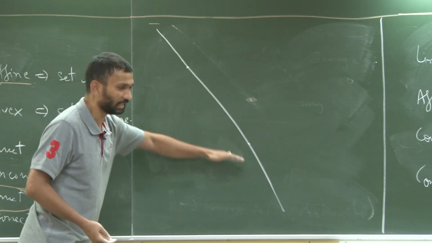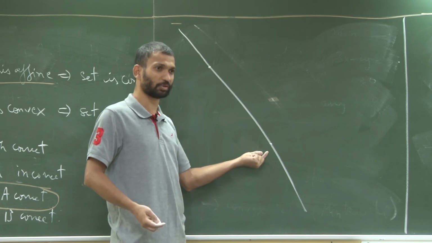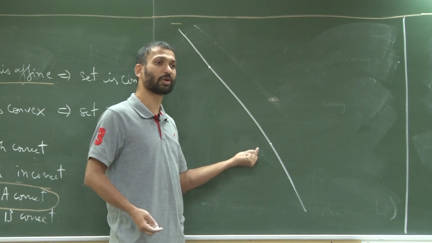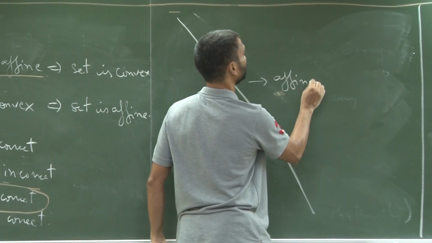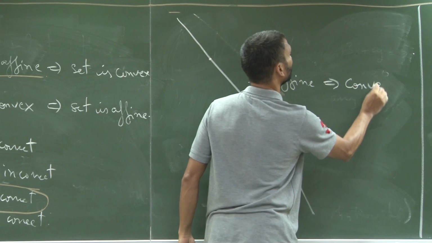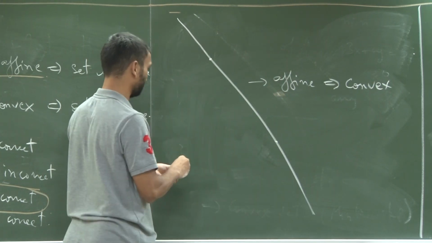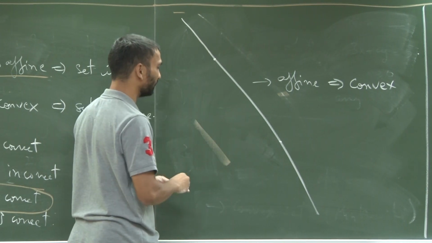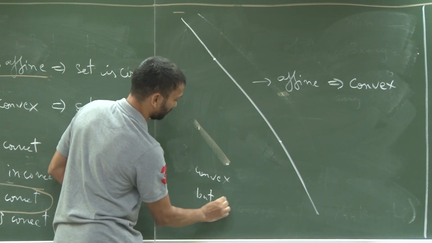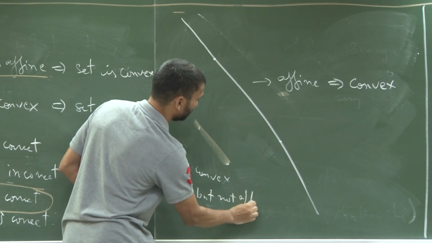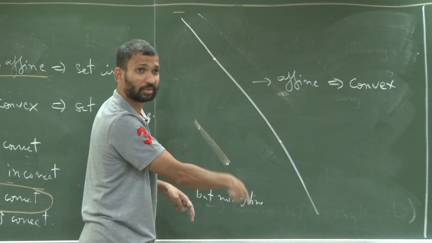So if you take a line, and take any 2 points, the line segment between them is part of it. So it also contains convex combinations. So affine implies convex, and a line segment is convex but not affine. Why? Because the affine combination of these 2 points will be the entire line.